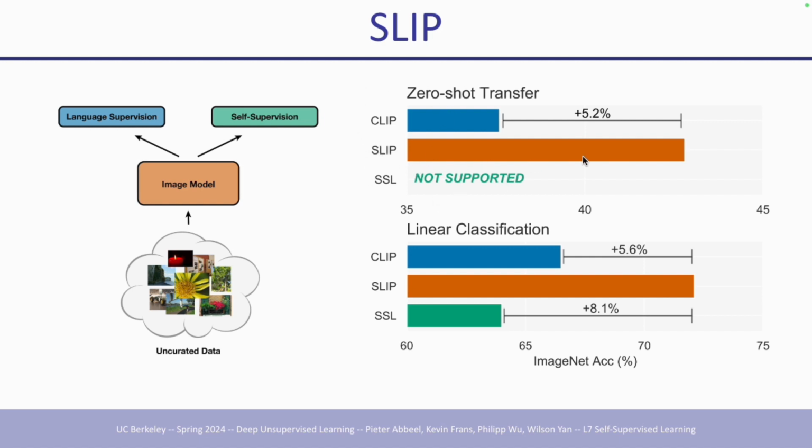SLIP is their method shown over here, and you get a 5% boost in zero-shot performance if you apply self-supervised learning losses. With pure self-supervision there is no zero-shot capability, so it's not shown here. With linear classification, you see there's a benefit as well on top of CLIP or pure self-supervised learning.